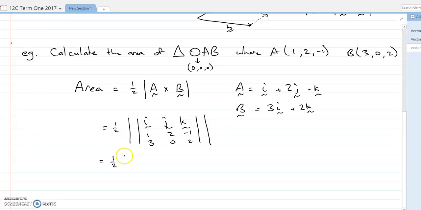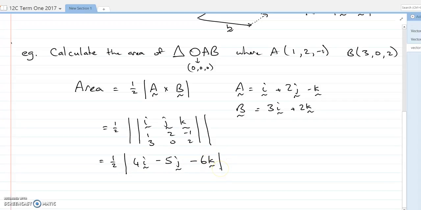So, magnitude of, let's just work this whole thing out. i times 2 times 2 minus 0 times -1, that's 4i. Minus j times 1 times 2 is 2 minus a negative 3, so that's 5, so that's a minus 5j. k, 1 times 0, that's 0, minus 6, we'll go minus 6k, I believe.